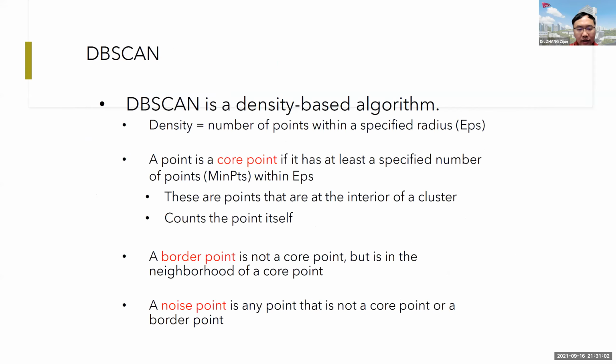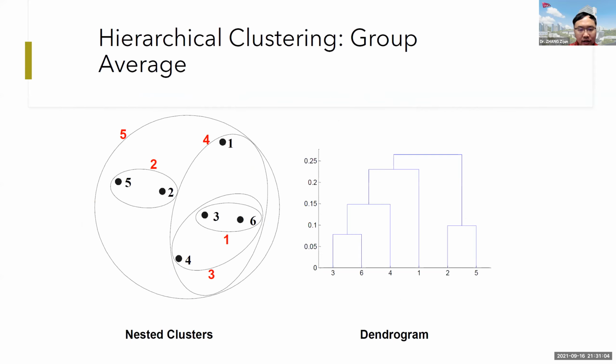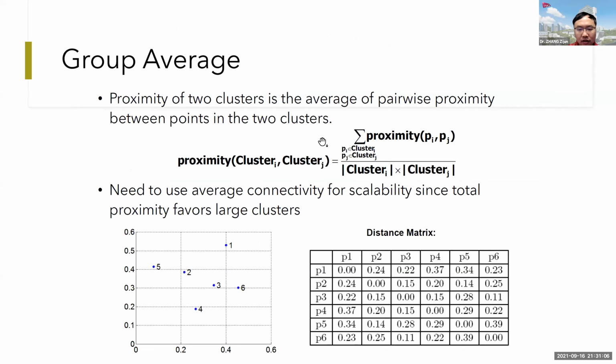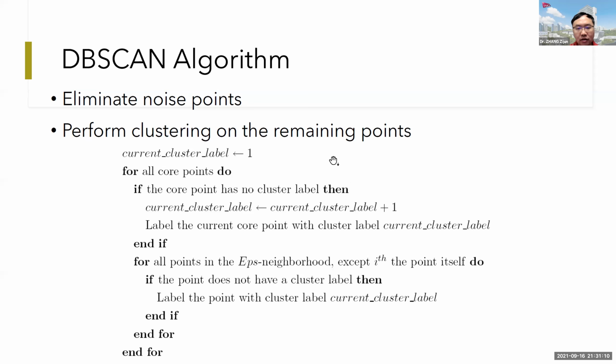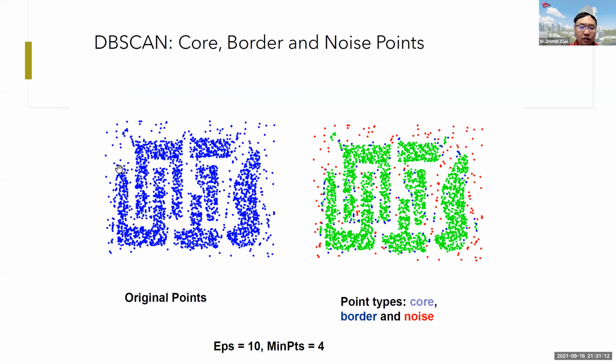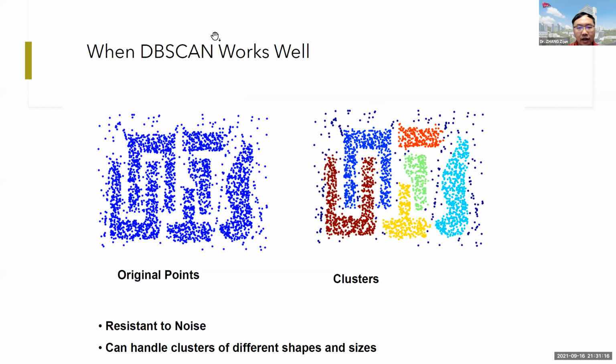So we use the later example as a case for this one. When we visually inspect this, we will see that this group is naturally a set of core points.